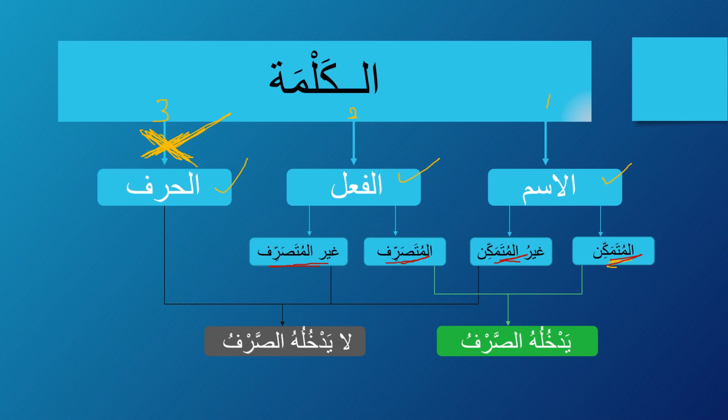So what is Sarf concerned with? It is this one: yadkhuluhu Sarf, anything that is mutamakkin. Ismun mutamakkin, a name that can change, as we talked about before. Then al-fi'l al-mutasarrif, a verb that can change.